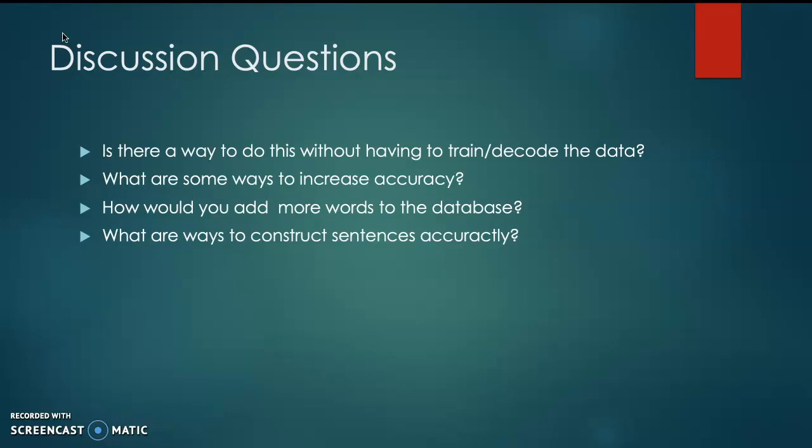And then what are ways to construct sentences accurately? I think that you again can have repetition, although this would get really annoying and slow down the pace of the construction of speaking in general. And so I think that one way that you can do it is using another algorithm, such as one similar to Google's fill-in.